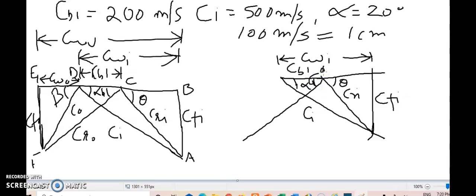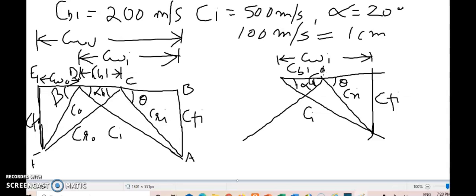Now the length of this line will be decided on the basis of the data given in the question about smooth blades or friction present in the blades. So if the friction is there in the blades, then the velocity coefficient is given, and we can have Cr naught upon Cri as the velocity coefficient. But if it is not given and the blades are mentioned as smooth, or nothing is mentioned in the question, then we'll take Cri equal to Cr naught.